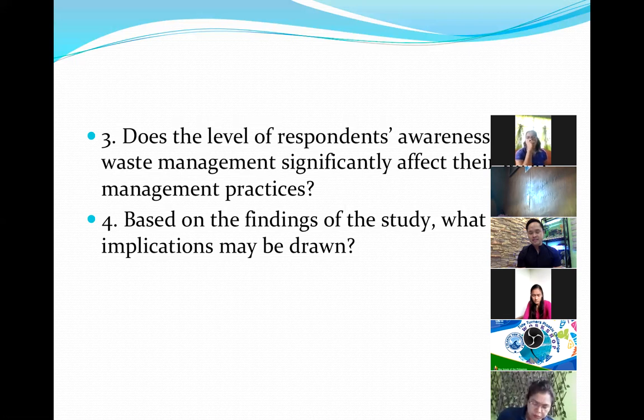So gagawa tayo ng hypothesis kung yung question ay merong 2 or more variables. From the first 3 questions, alin doon ang merong 2 or more variables? Number 3 po. Very good. Ang tanong, ilang hypothesis ngayon ang gagawin?